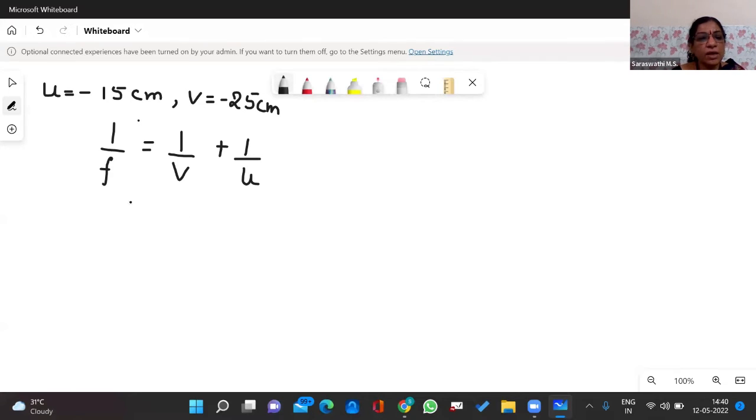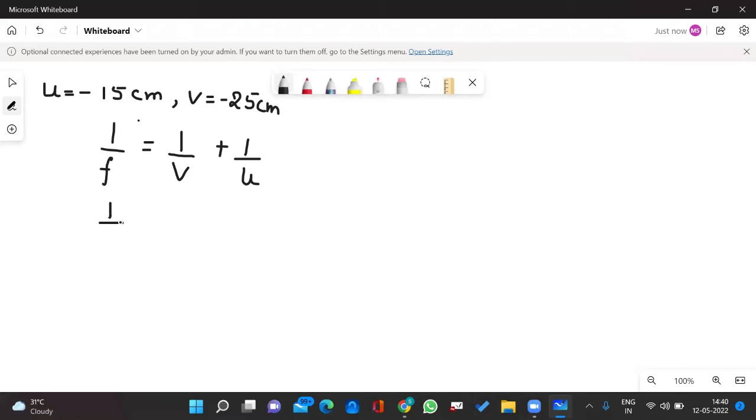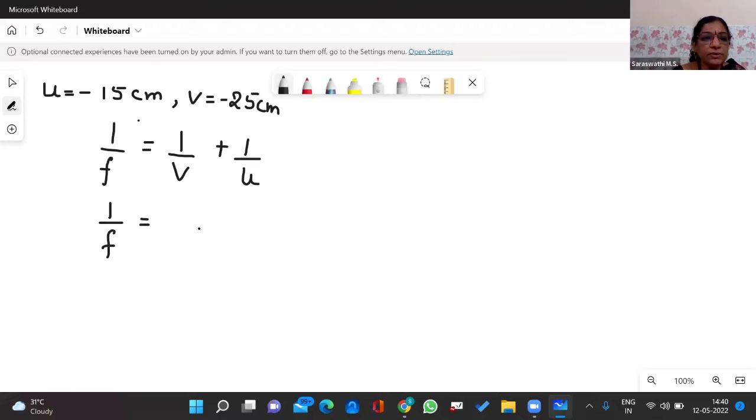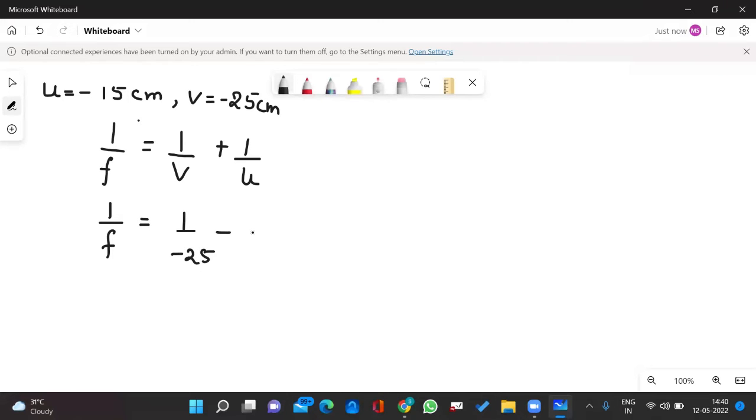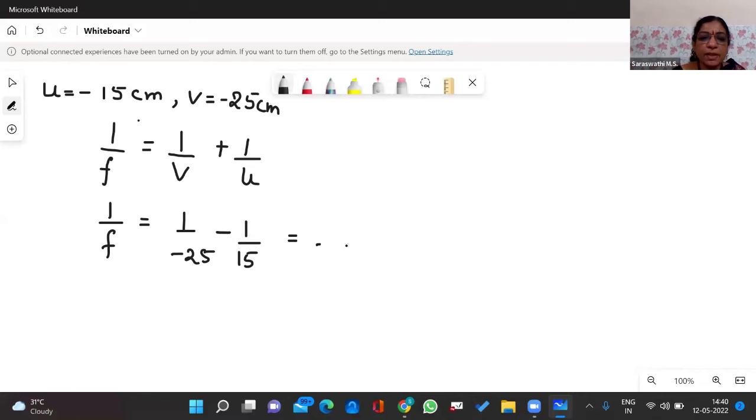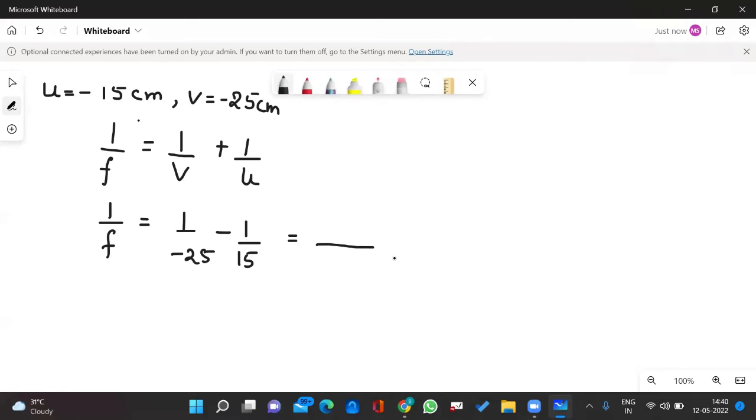Okay, let us substitute. 1 by f, focal length you have been asked to find. 1 by f is equal to 1 by minus 25 plus 1 by minus 15. So what is the LCM of 25 and 15? 75.